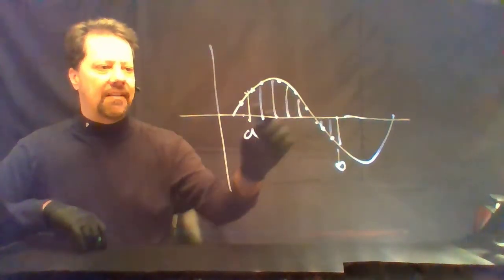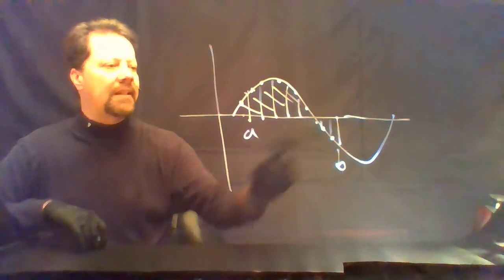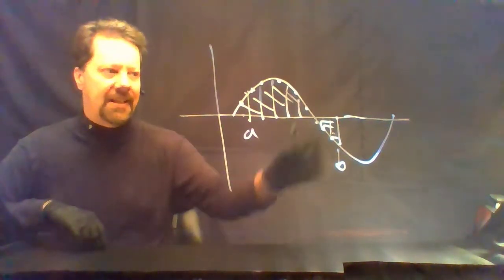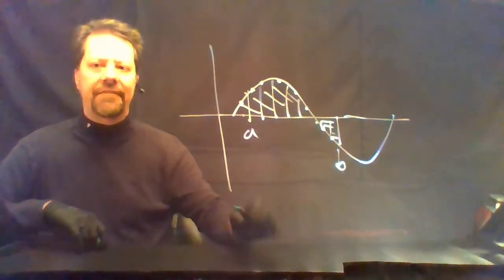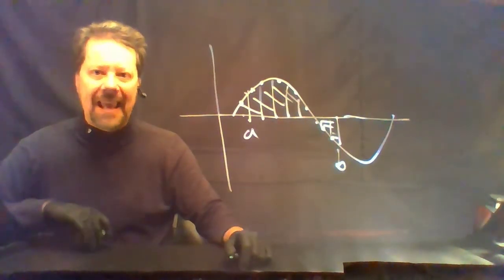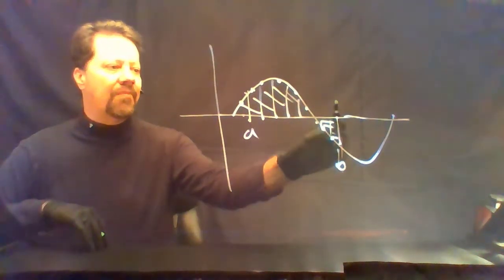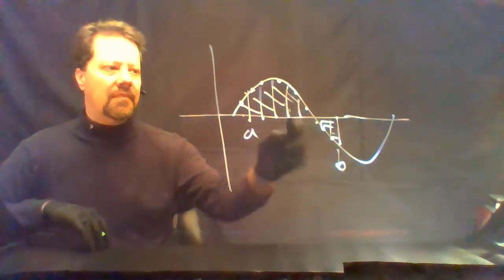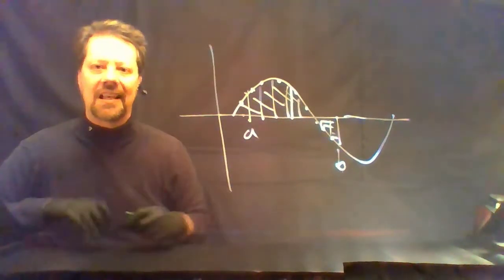Some of these areas, this area here will be a positive area in the limit, whereas this area down here will be a negative limit, a negative area. The negative area and the positive area will partially cancel out. When we integrate from a to b, we won't get all of this area. We'll get only a portion of the area that doesn't cancel out.